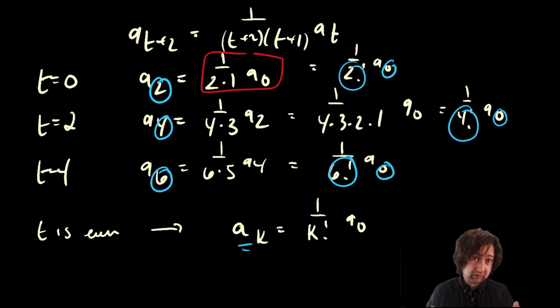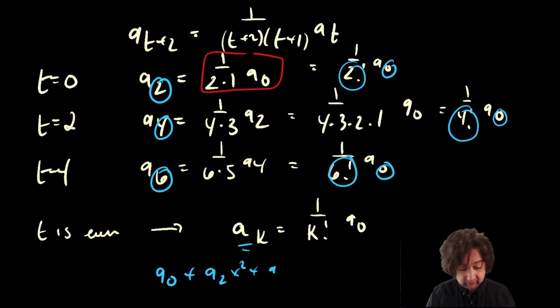And so what that really describes, because remember that the a_n's go with an x to the n term, is that we get a series that looks like a naught plus a2 x squared plus a4 x to the 4th, and so on.